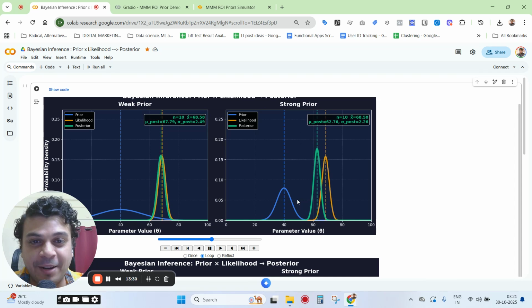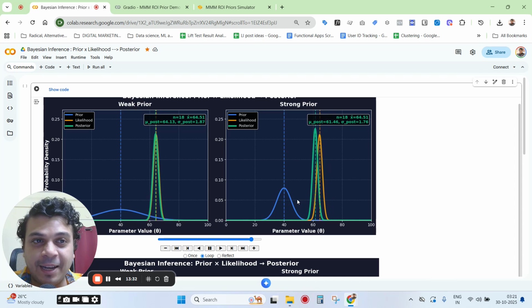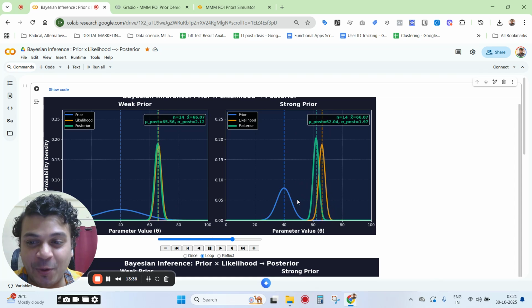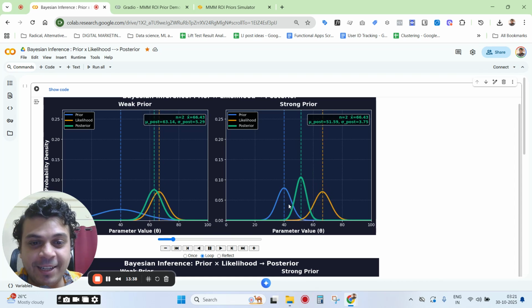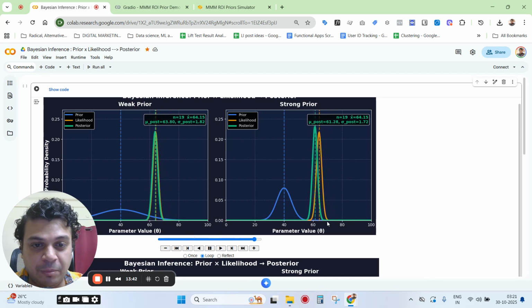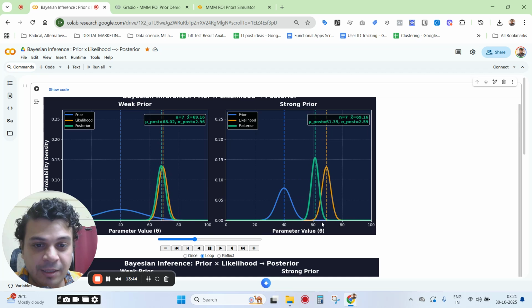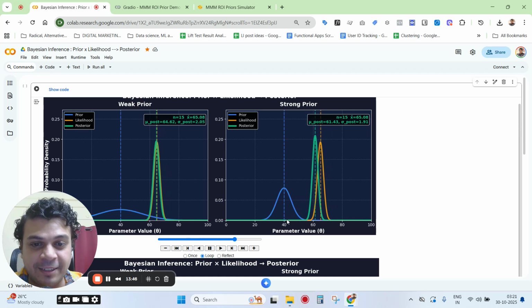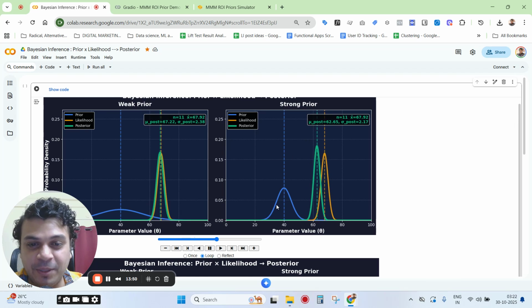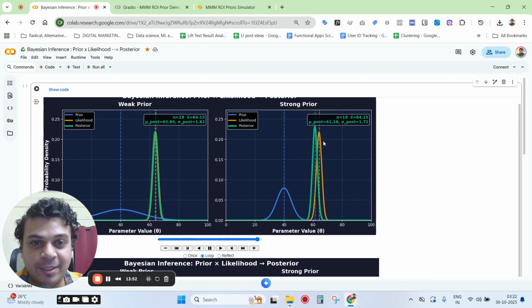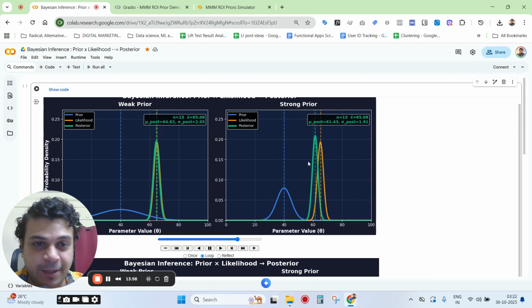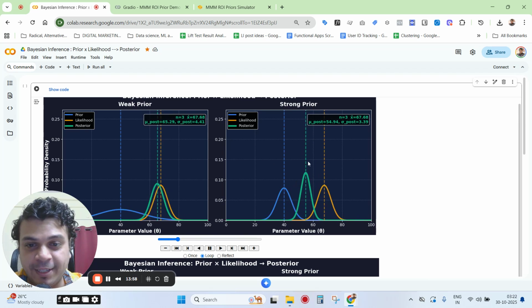A stronger prior means that your standard deviation is low, but if your belief is wrong, like in this case, the data actually is completely different. The mean is somewhere around maybe more than 60, and the prior has a mean of around 40. But because it's a stronger belief, a stronger prior, it's actually still pulling the ultimate outcome of this distribution, the posterior, closer towards it.